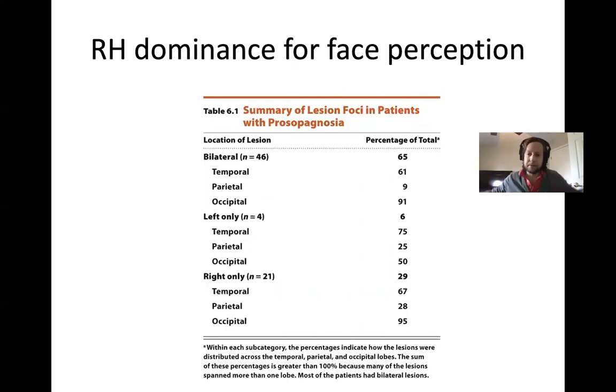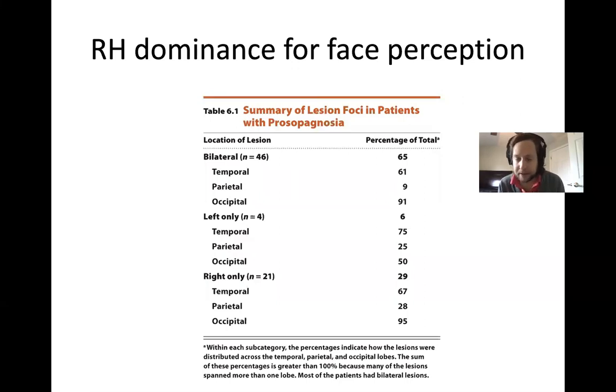Though I might also mention the analogy that the brain is kind of like an airplane with 2 engines, and if one engine goes out, for a lot of people, the other engine can take up the slack. So really, the thing which is most likely to cause prosopagnosia is bilateral damage, far and away, which means there's a part in the right hemisphere which is damaged and a part in the left hemisphere which is damaged.